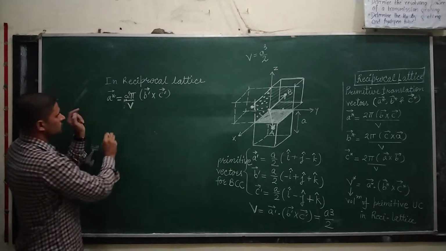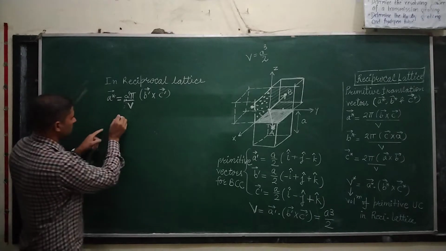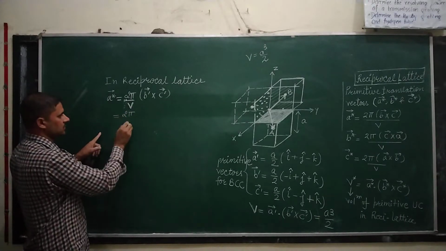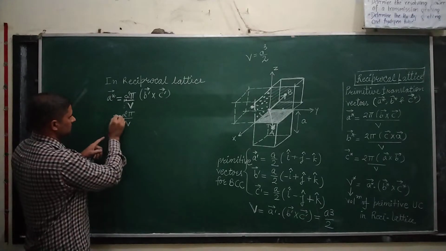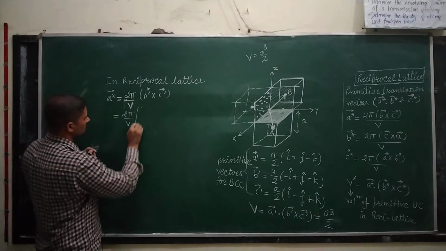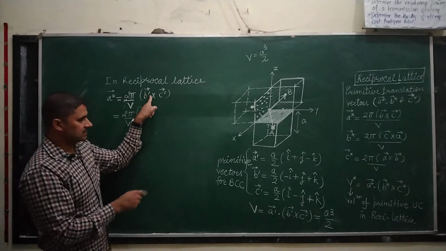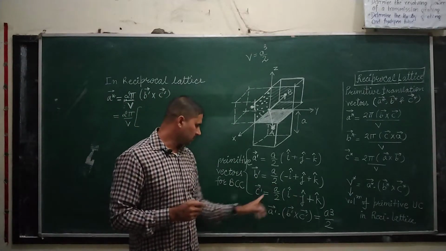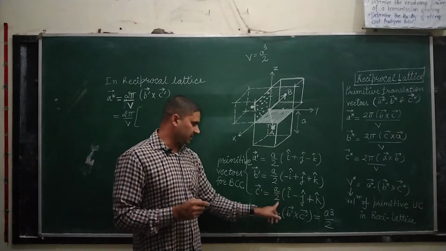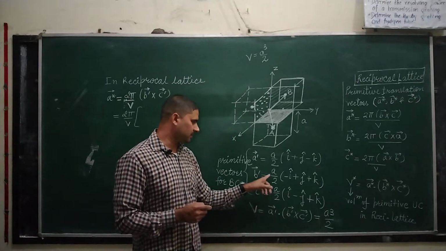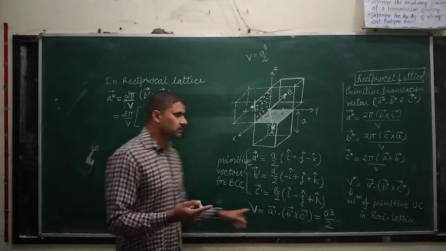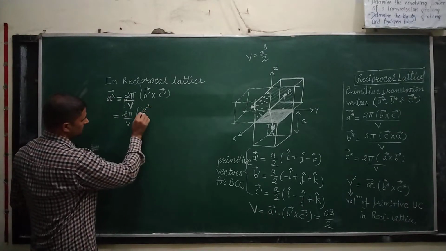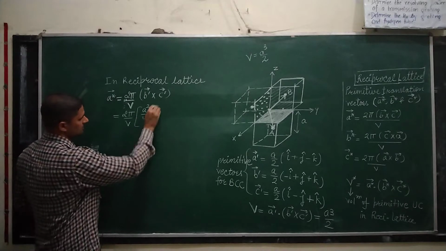Here, if you put their values, then you will get 2 pi by V. Put the value of B dash, this is a by 2 and this vector, and C dash, this is a by 2 and this vector. So I can multiply a by 2 and a by 2 directly. I am writing here a square by 4.